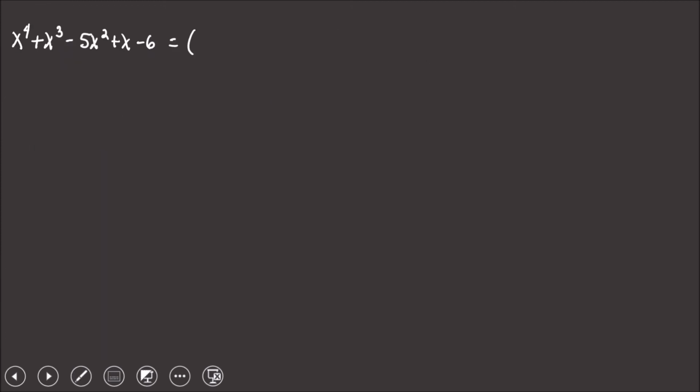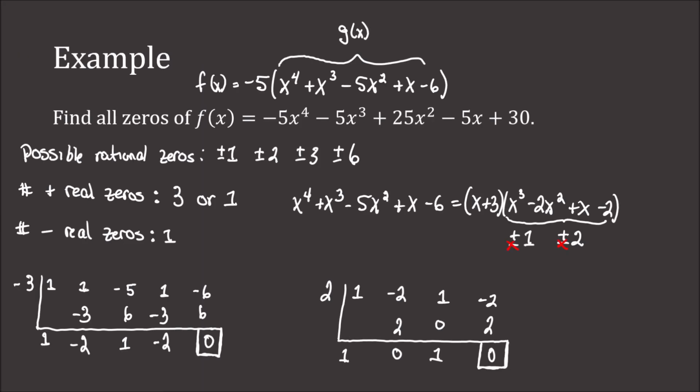So what we've now done is we've now written x to the 4th plus x cubed minus 5x squared plus x minus 6. We had that x plus 3 there. And we've now found a factor of this is x minus 2.